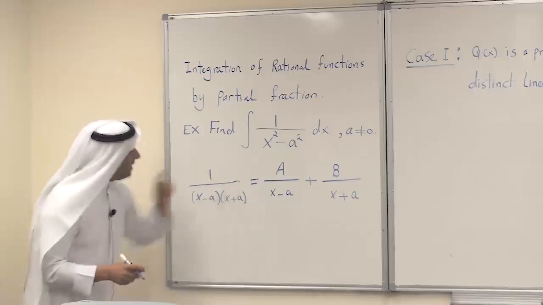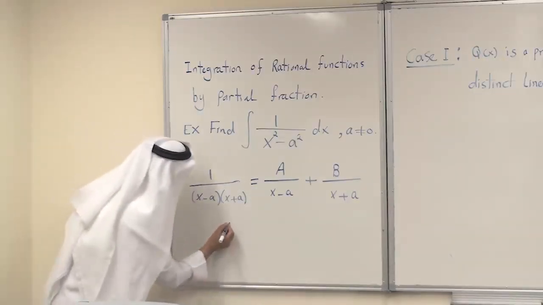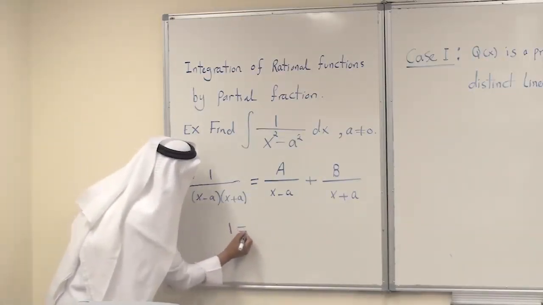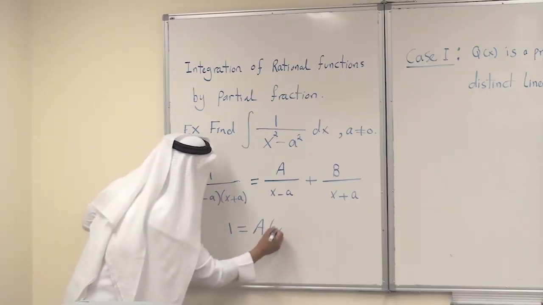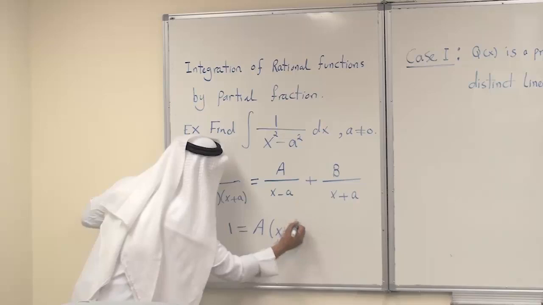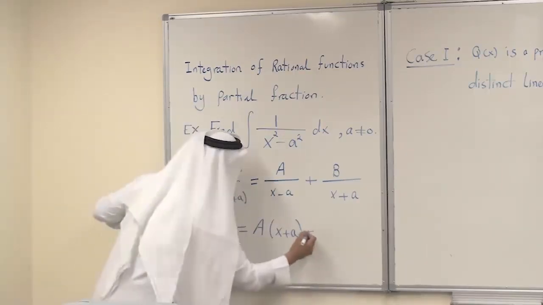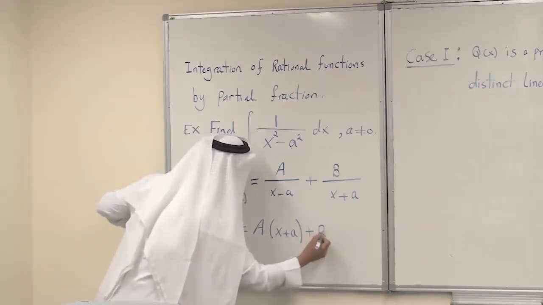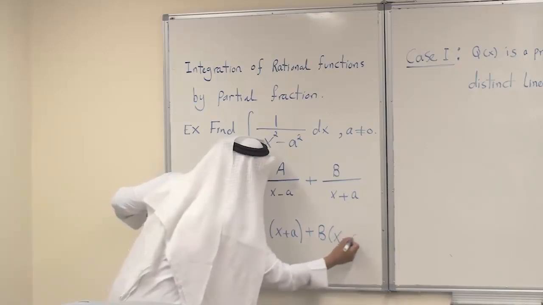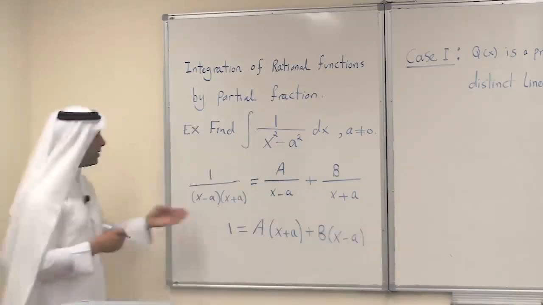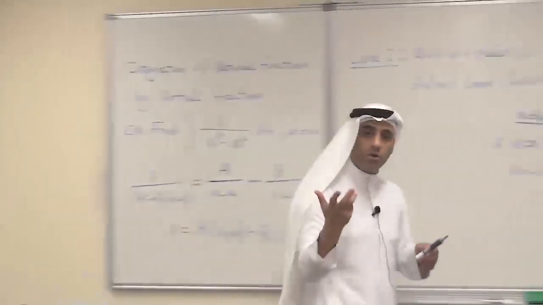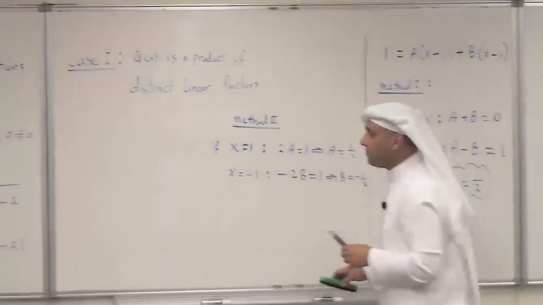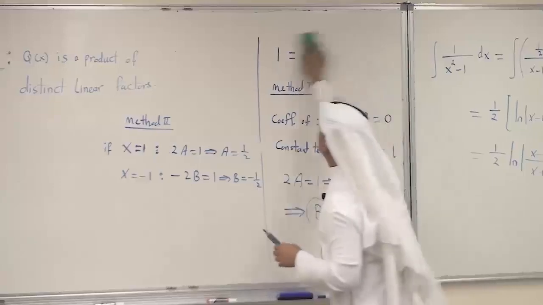Multiplying by the LCD, what you get here is 1 equal to capital A multiplied by x plus a, plus the second one, B times x minus a. Our duty now is to find or to determine capital A and capital B.